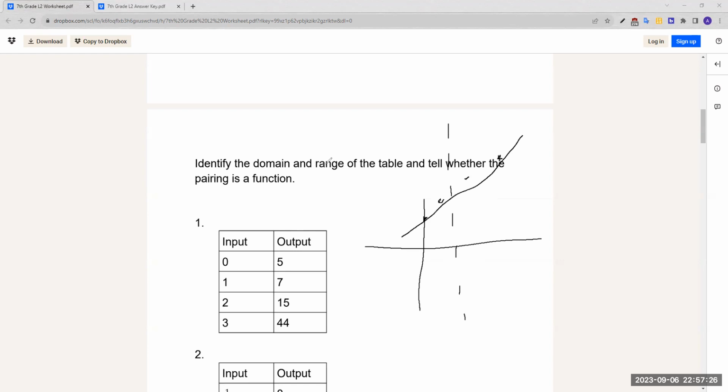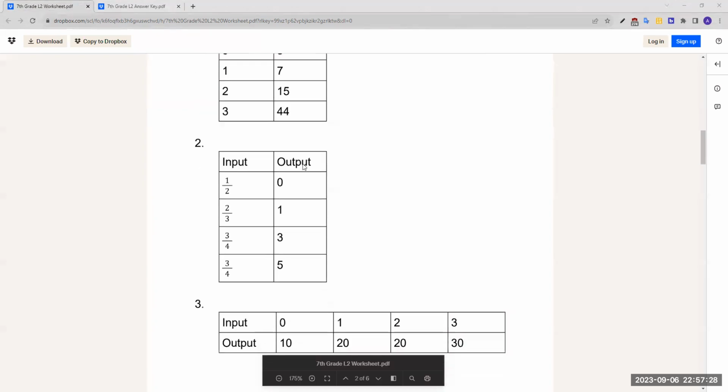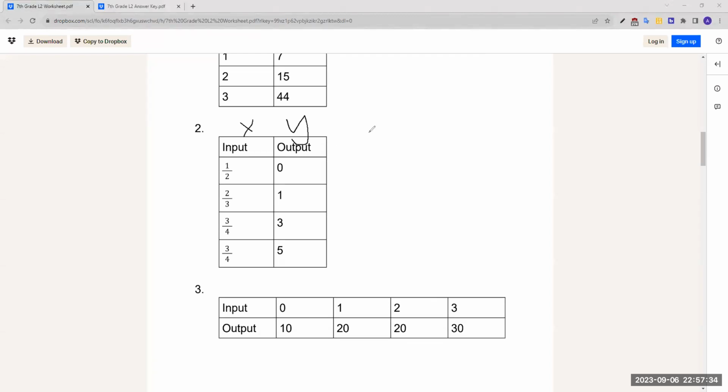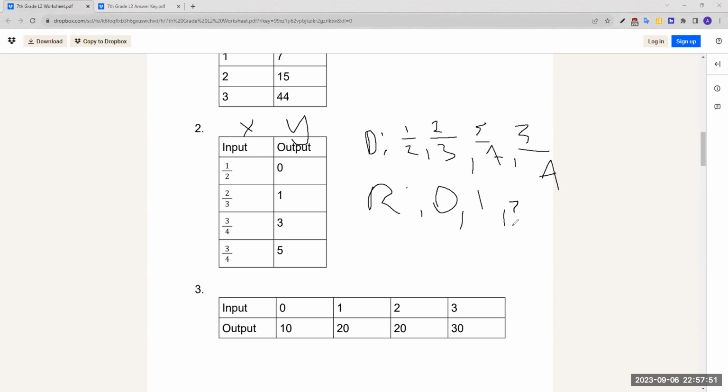Okay, for number 2, it's the same thing, so we can just put x here and y here. The domain is 1/2, 2/3, 3/4, and 3/4. The range is 0, 1, 3, and 5.